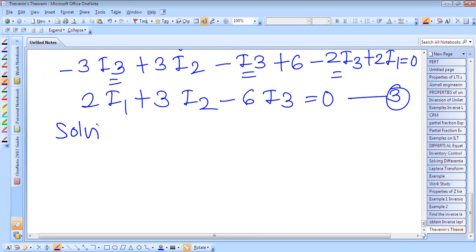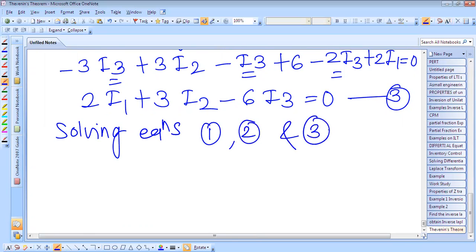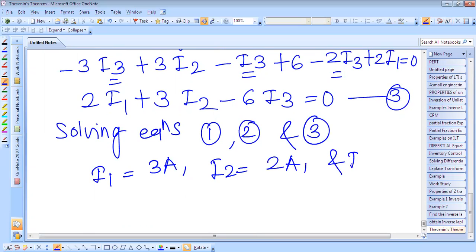Solving equations 1, 2, and 3, we get here I1 is equal to 3 ampere, I2 is equal to 2 ampere, and I3 is equal to 3 ampere.